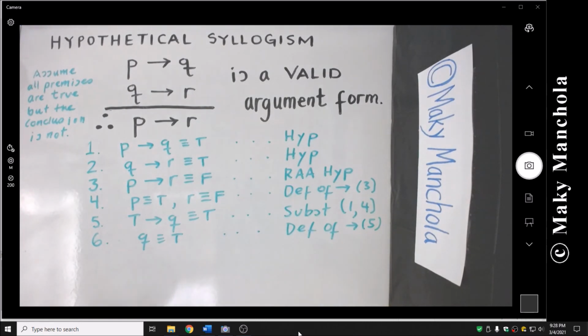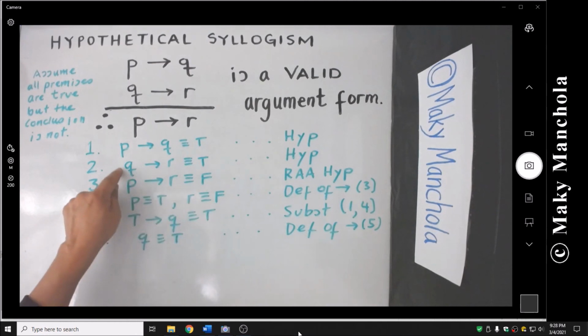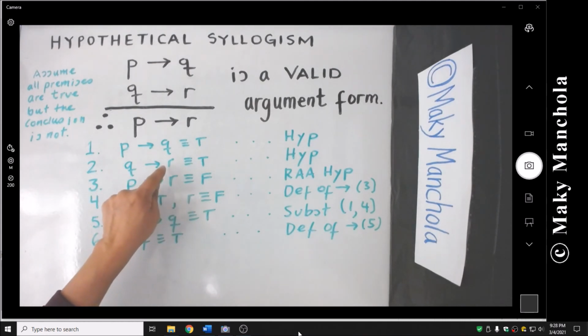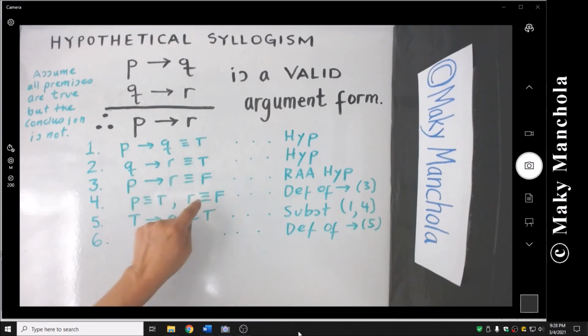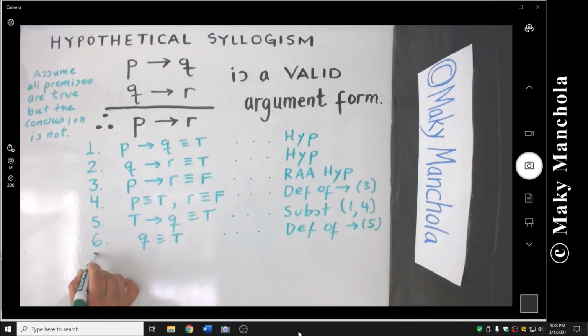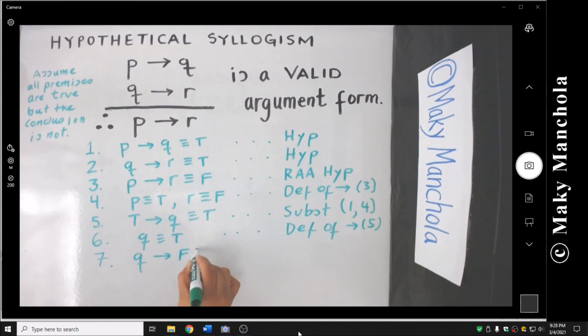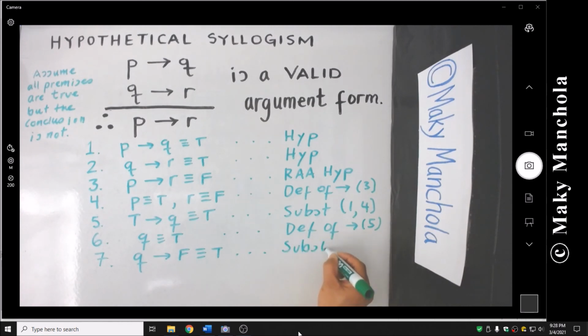Now, let's make use of R now. So, in step 2, Q implies R is true. When we substitute R by false, we obtain Q implies false is logically equivalent to true. So, here we are substituting, and here we're using steps 4 and 2.